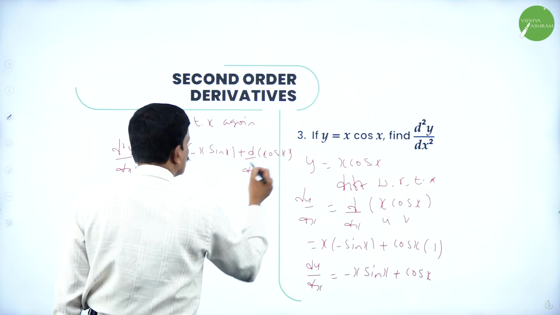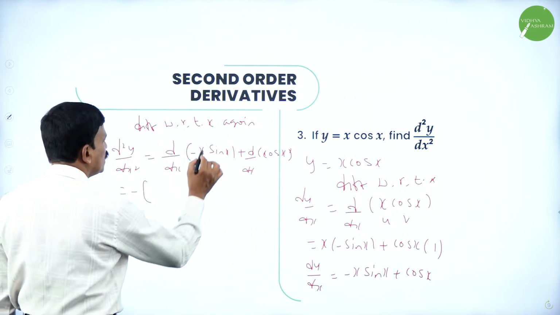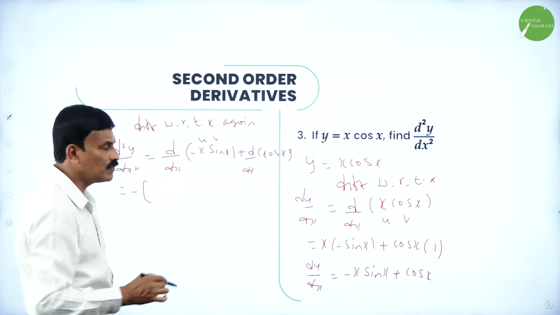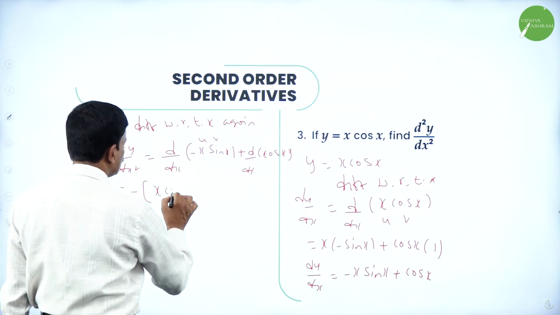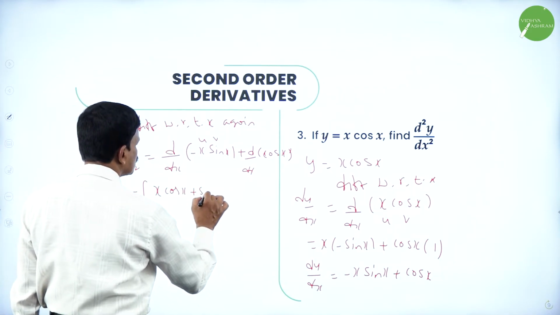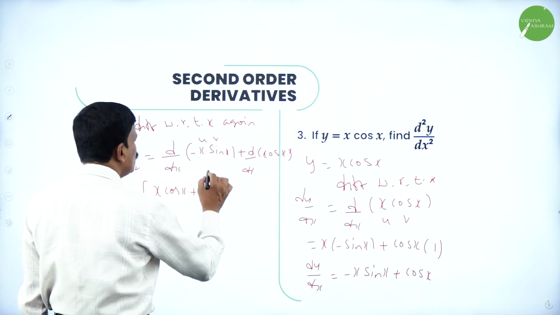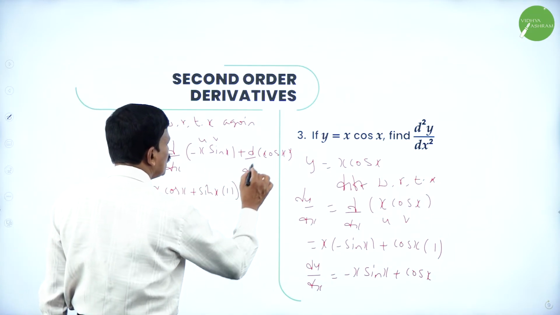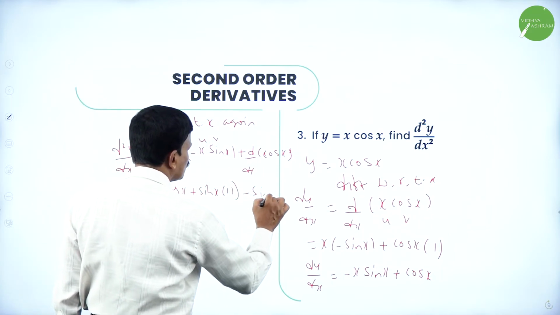Now you can take minus out. Again this is product rule: first function x into differentiation of sin x is cos x, plus sin x into differentiation of x is 1. Again differentiation of cos x is minus sin x.